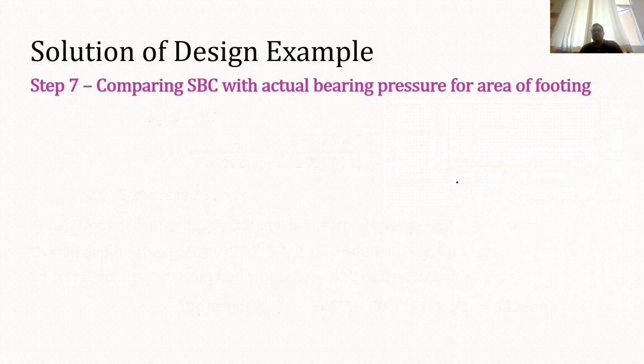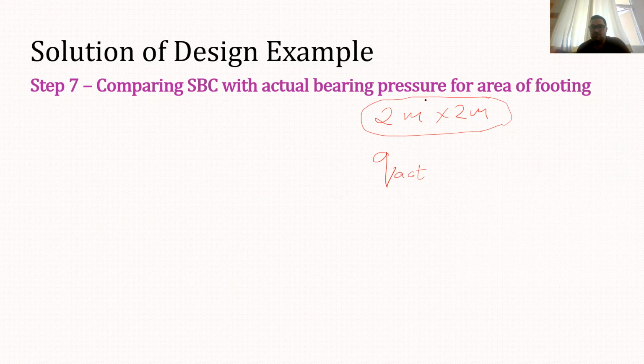Now, before we calculate the area of steel, we first have to check the size of the footing, which is 2 meter by 2 meter. We have to check whether this size is sufficient or not. Now, if it is sufficient, we will find out the actual bearing pressure at the foundation, which we will refer to as Q act.